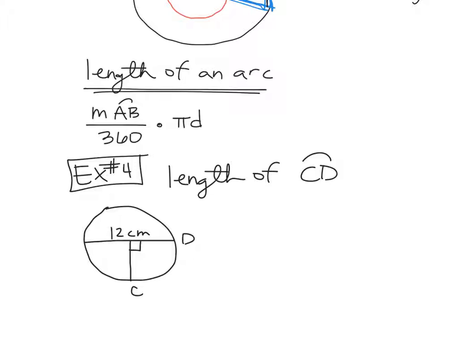Okay, that means we're trying to figure out this length from C to D. Okay, so we're going to take this formula, and now AB is being replaced by CD. Okay, so we want the measure of that arc. How many degrees is this red arc?